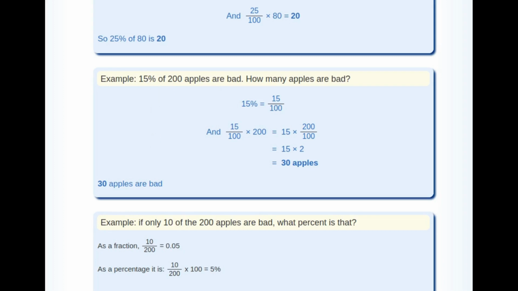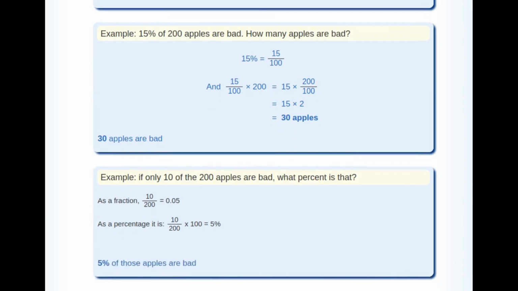Next one we have is, if only 10 of the 200 apples are bad, what percentage is that? These two are similar. Here the percentage is given, and we need to find the number of bad apples. Here the number of bad apples is given, that is 10, so we need to find the percentage. As a fraction, 10 of the 200 apples are bad. So 10 by 200 will give 0.05. Whenever we need to find percentage, just multiply it by 100.